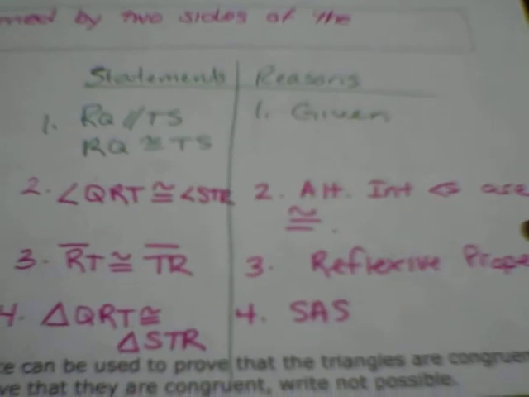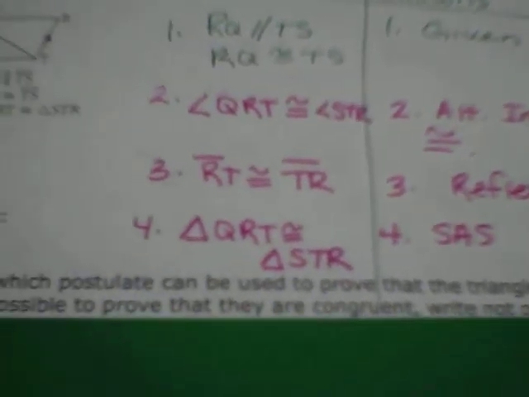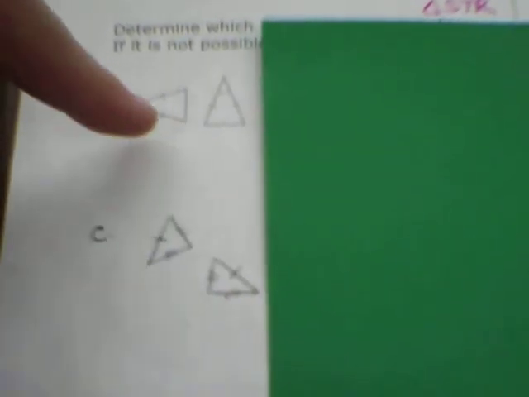Alright, last one. You are given a set of triangles. Alright, so we'll look at A and C first. So we've got A here. You've got two triangles. We have to figure out if we're going to prove that they're equal to each other by side, angle, side, or side, side, side.